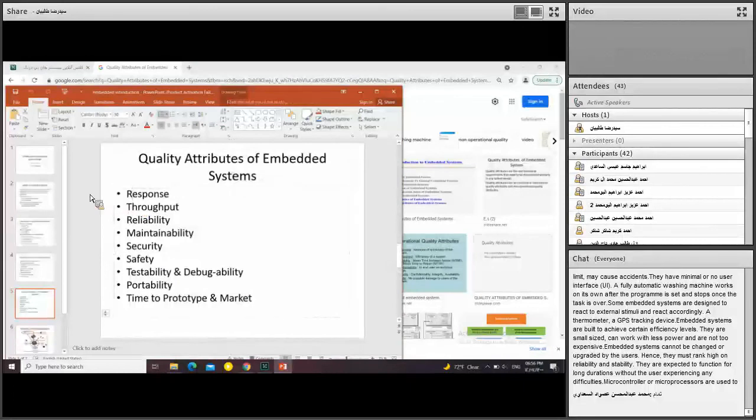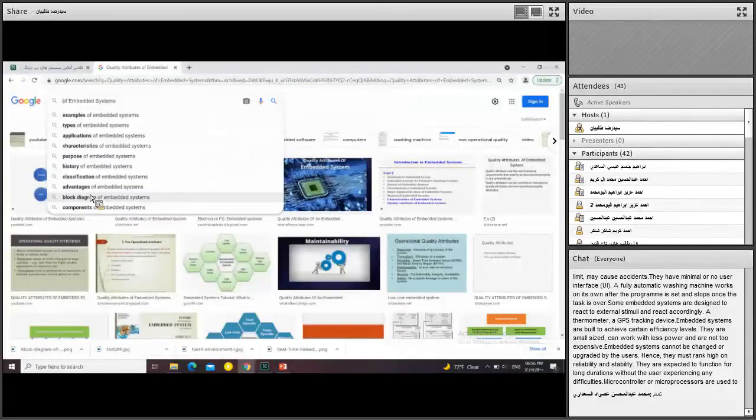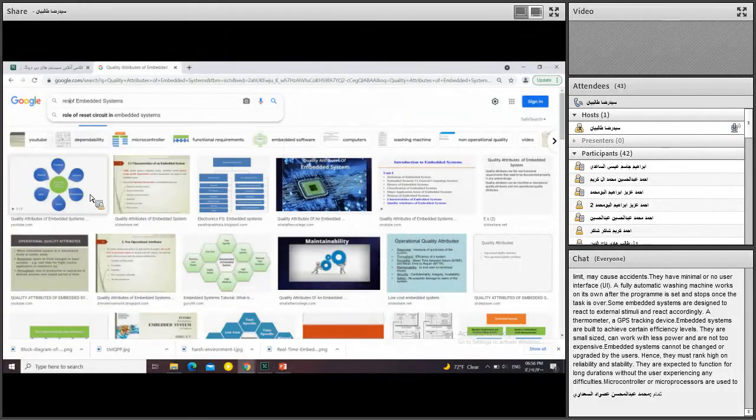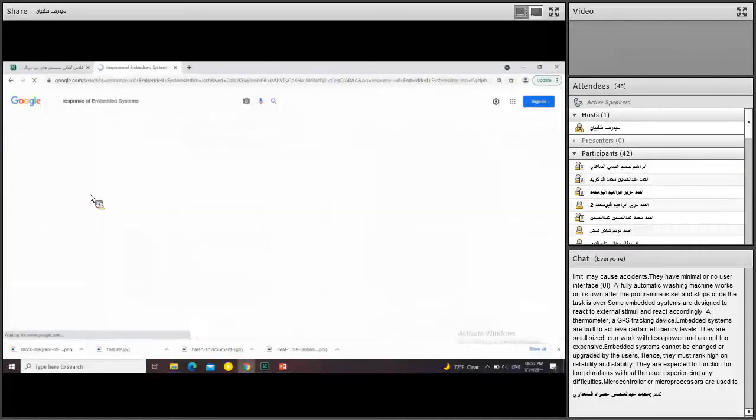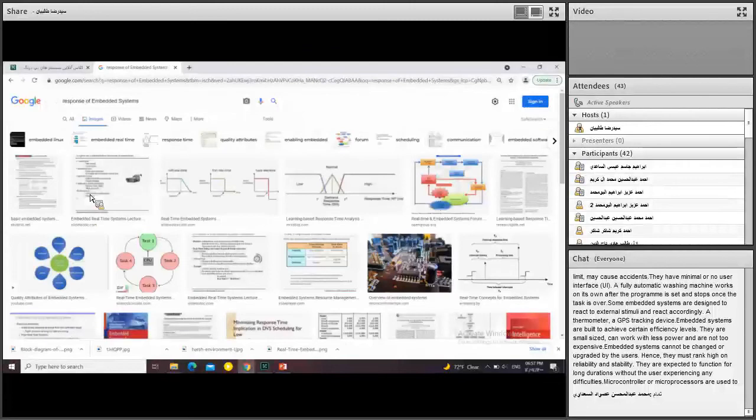Okay, the first one is the response or response time. Then let me write it. Response of embedded systems. Well, no. What is the definition of response time really?